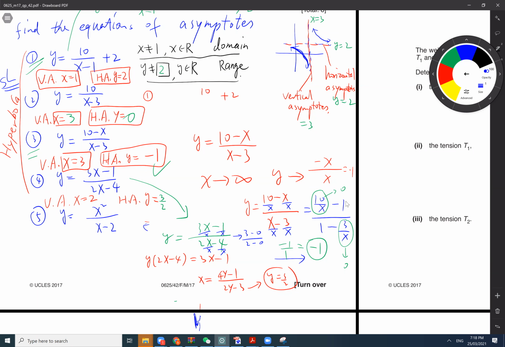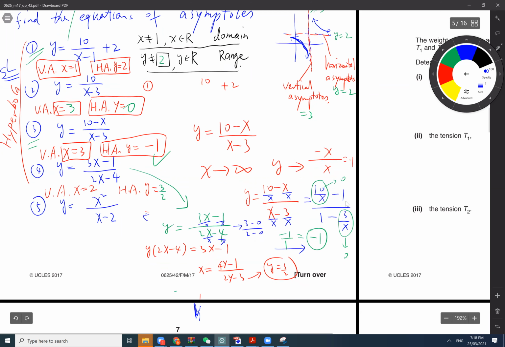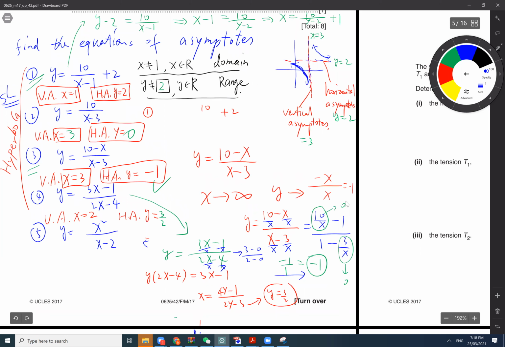Let's check number 5, which is higher level. Hey, Isabella, did you learn this case, number 5? Yeah. Very good. What's the name for the asymptote? Diagonal asymptote. Is it horizontal, vertical, or another name?